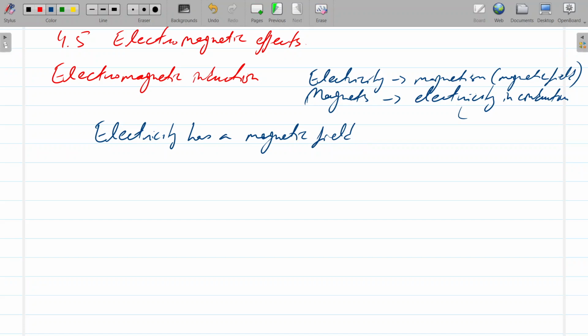So any conductor, a wire that is carrying electricity, if you place a compass near it, you will see a deflection in the needle.